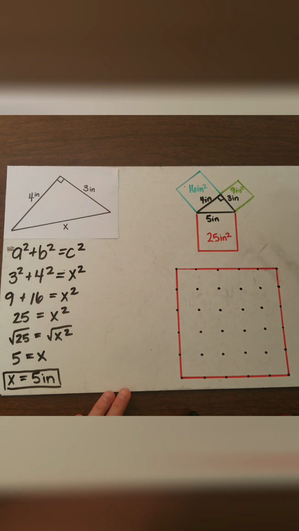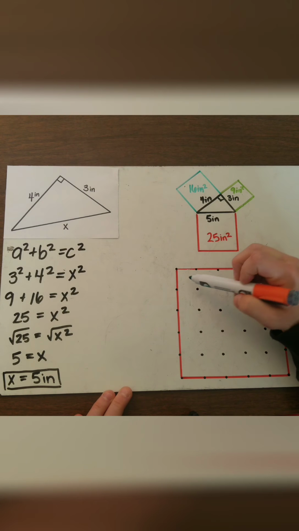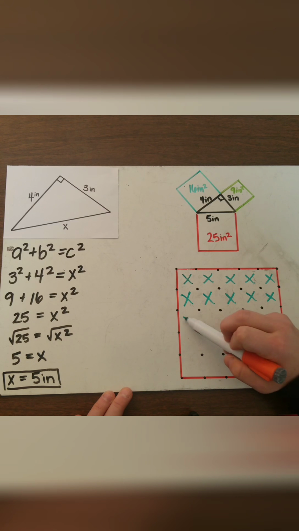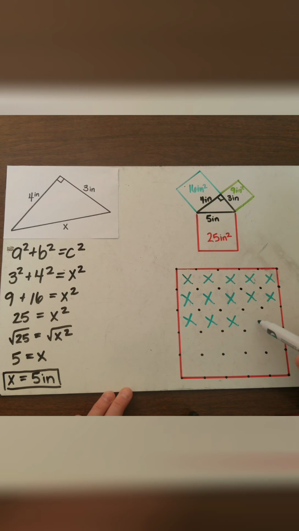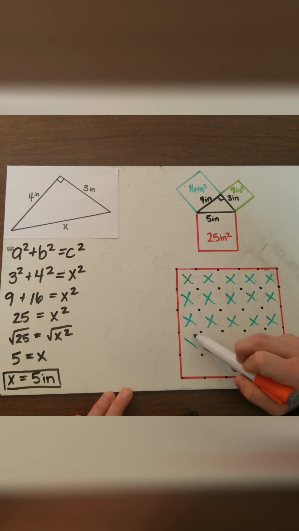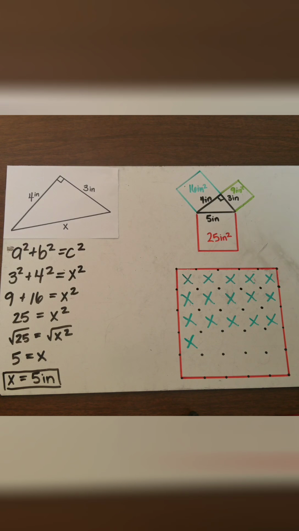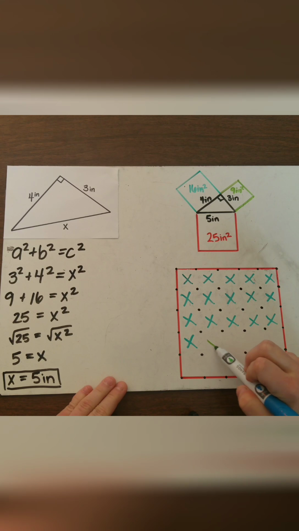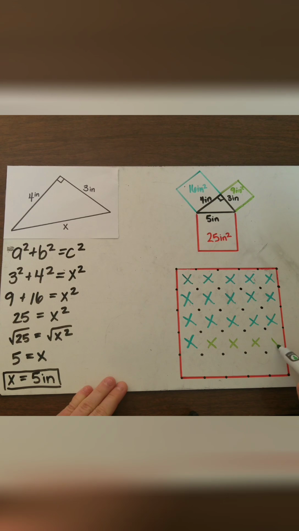So I'm going to mark off 16 square inches. 1, 2, 3, 4, 5, 6, 7, 8, 9, 10, 11, 12, 13, 14, 15, and 16. Now I need to also show that 9 square inches fit in our 25 square inches. So 1, 2, 3, 4, 5, 6, 7, 8, 9.